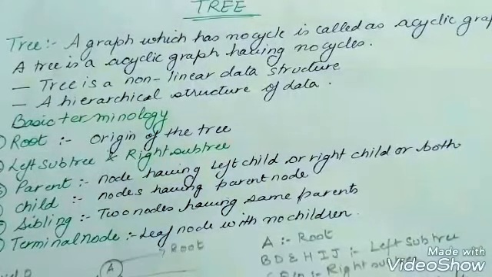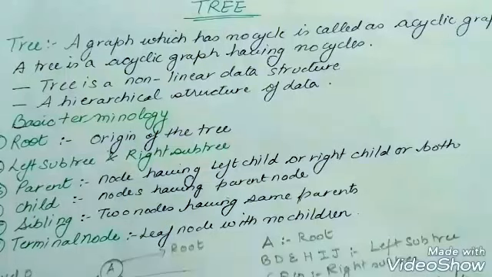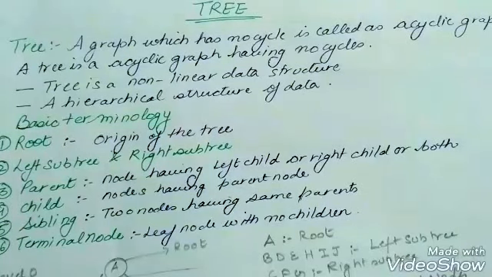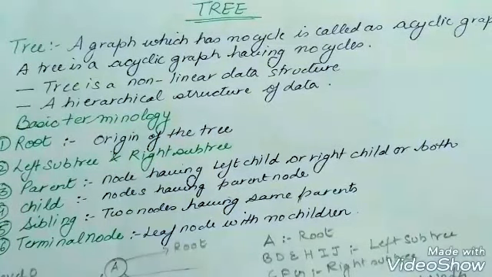Today I will briefly cover the basic terms and terminologies used in trees, and from the next lecture I will discuss all the algorithms and everything regarding trees. So let us begin.